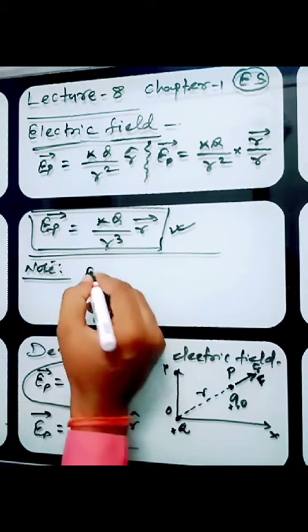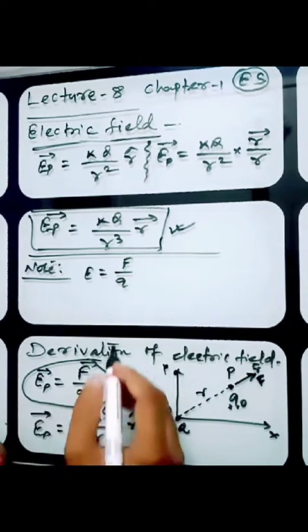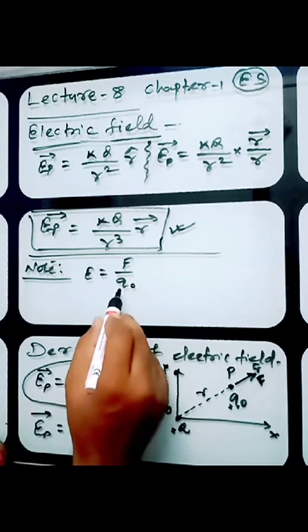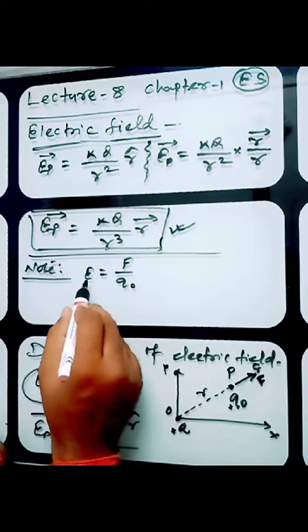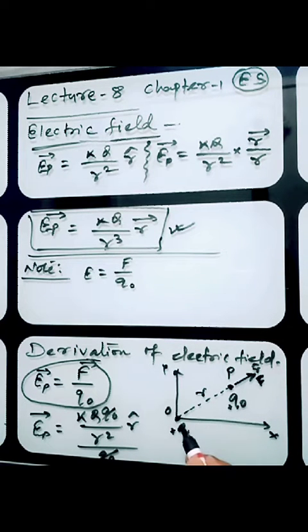As we know, the electric field is force per unit charge. And what was that charge? Q naught. This charge was placed in the electric field of which charge? Q. That's why this charge is experiencing force. How much? It is F.